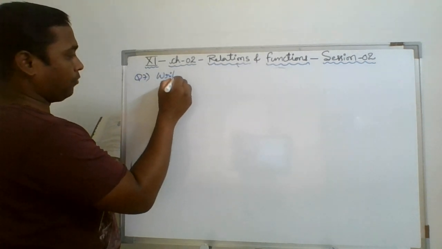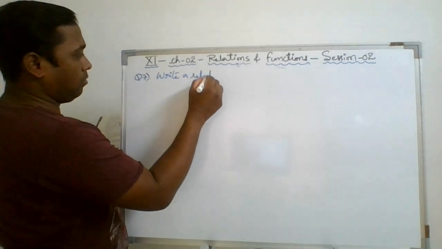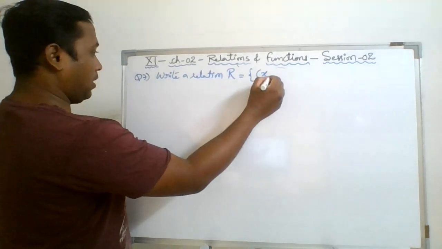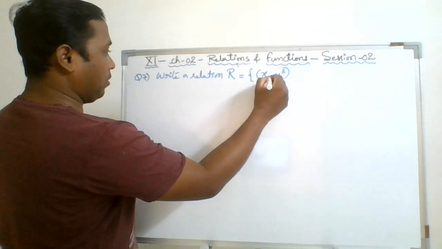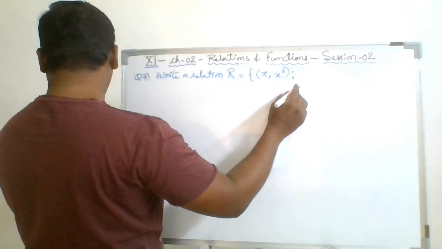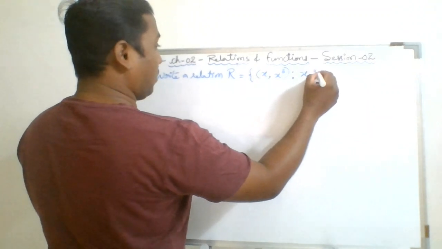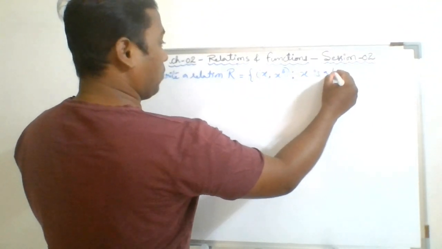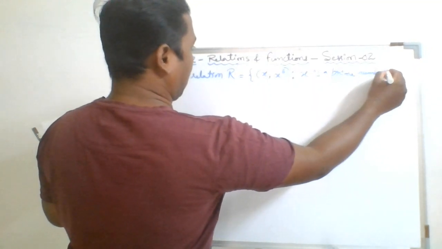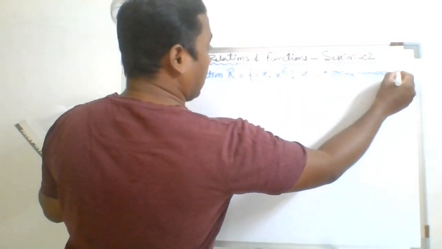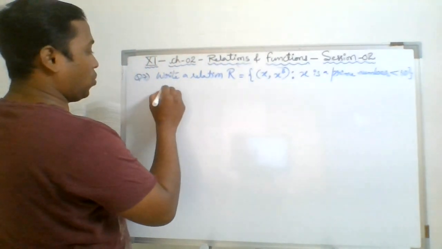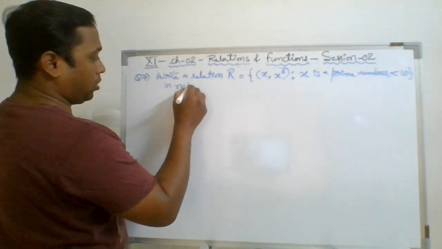The question is, write the relation R equal to (x, x cube), that is, ordered pairs of this form, where x is a prime number less than 10, in roster form.